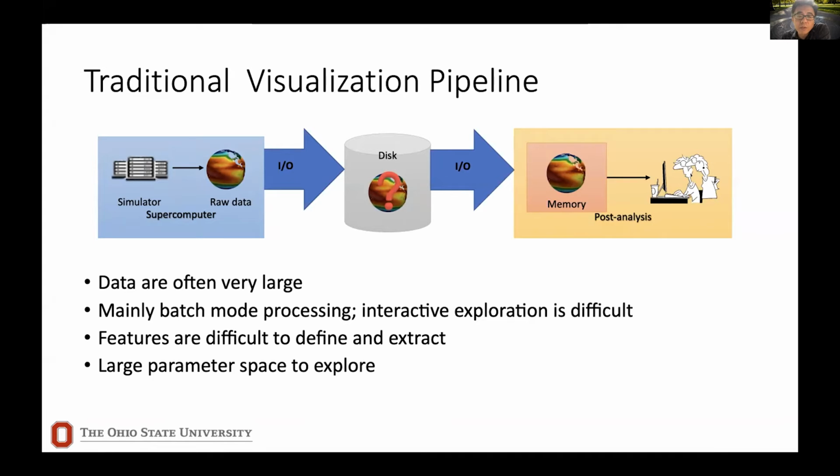This has been a great challenge for many decades. Even though research results have been produced by many people, simulations are now becoming bigger and bigger, so the problem still remains.